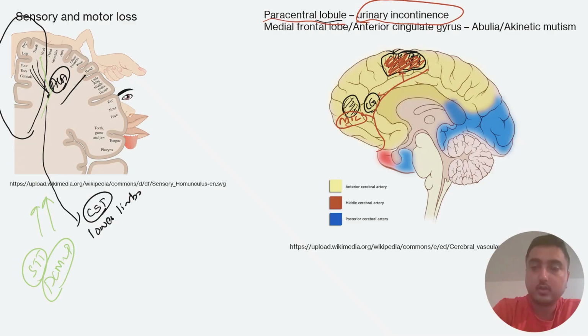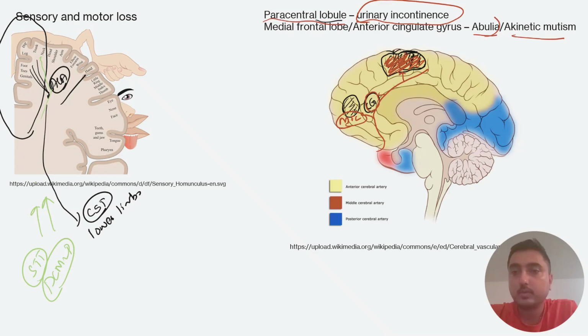The medial frontal lobe and the cingulate gyrus are responsible for the motivation, or the drive, to initiate movements and to initiate speech. So if these areas are involved, then we will have abulia or akinetic mutism.